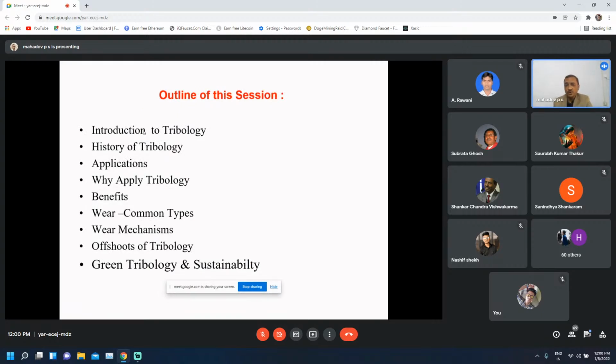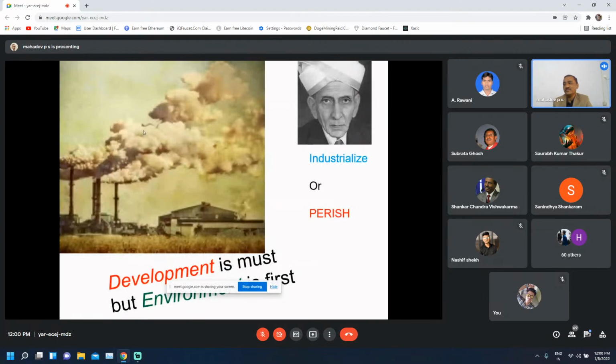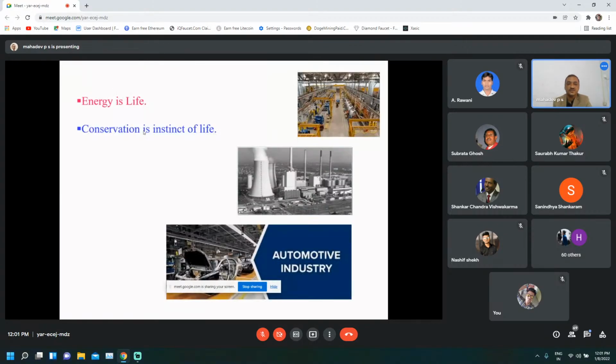As you know, Vishwakarma sir has already covered tribology. Our great civil engineer from Karnataka, Sir M. Visvesvaraya, who comes from Muddenahalli, Chikkaballapur district, quoted, "Industrialize or perish." That means development is a must, but environment is first.